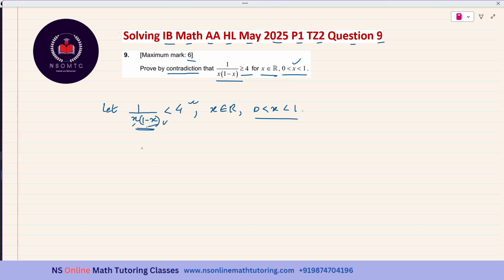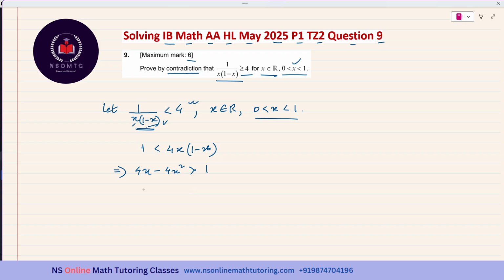So we can write that 1 is less than 4x times 1 minus x. That we can write, definitely. And this gives us 4x minus 4x squared is greater than 1.